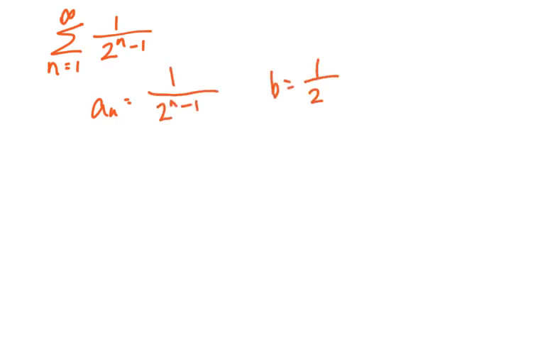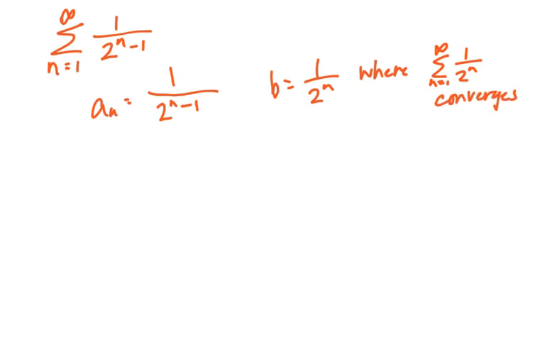The sum from n equals 1 to infinity of 1 over 2 to the n minus 1. So what we were considering before was we had this series, and we have b_n, which is 1 over 2 to the n, where the series of 1 over 2 to the n converges.